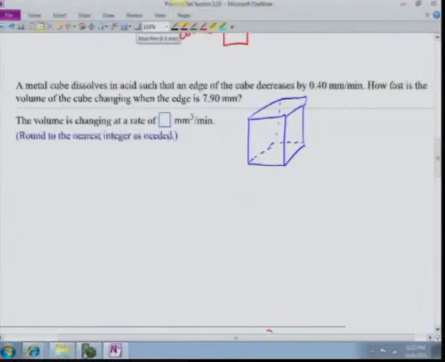Aren't all the sides equal in a cube? So if we called this S, what would the volume be? S cubed. Okay, so that would be an okay equation for that. All right, and so we're saying this edge decreases by this amount. So what is this 0.40? Could we call it ds/dt? If this is S and it's decreasing at a certain rate, would that be fair to call it ds/dt?